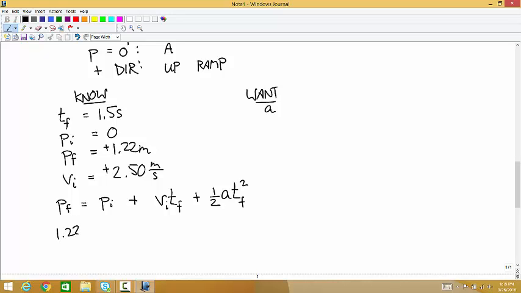So 1.22 meters is equal to 0 plus 2.5 meters per second times 1.5 seconds plus 1/2 times A times 1.5 seconds squared.